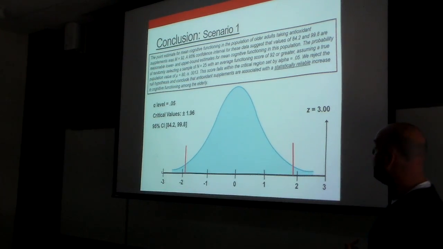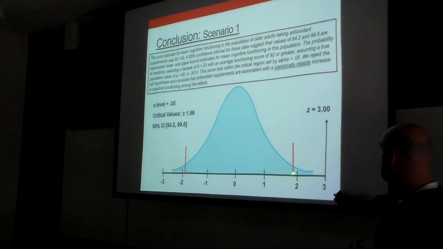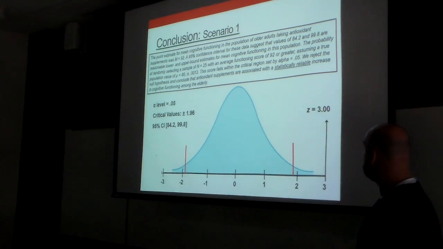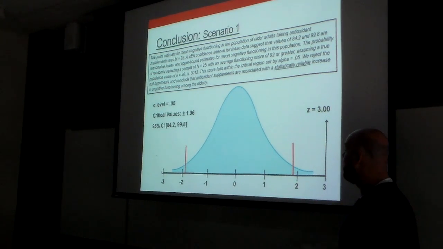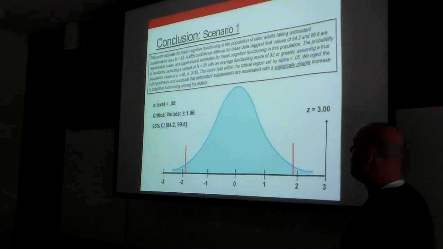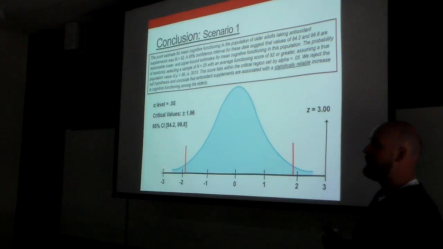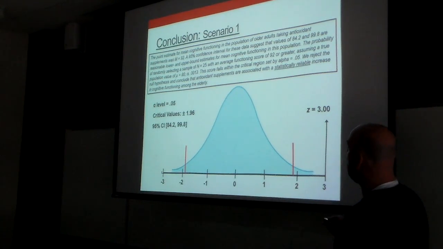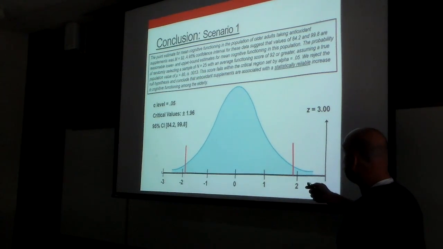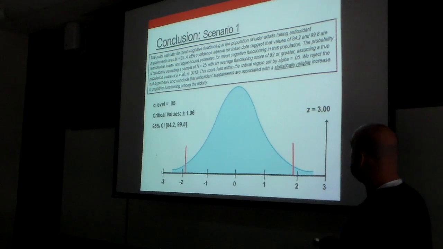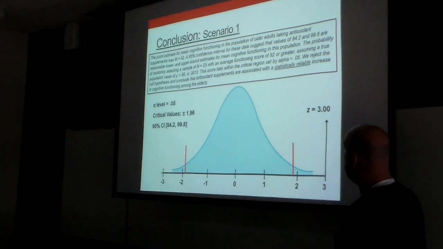If we go through and run a formal test, we get a p-value. If we take a look at a test statistic of z equals 3, the likelihood of drawing a sample from a normal population having a mean of 80 is very, very small, right? Again, we're saying that this falls beyond our critical value.